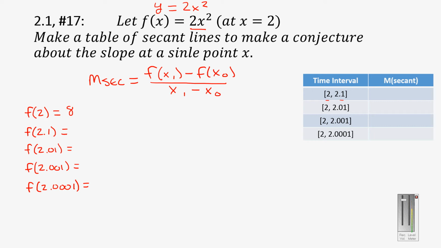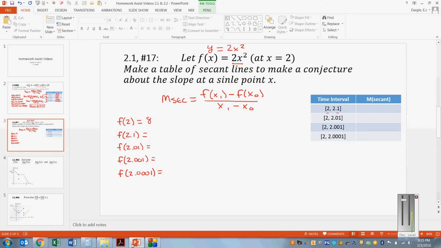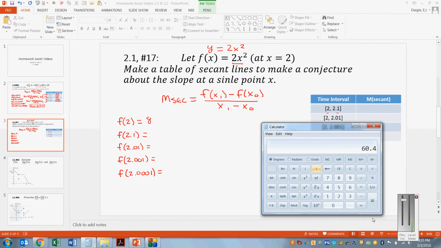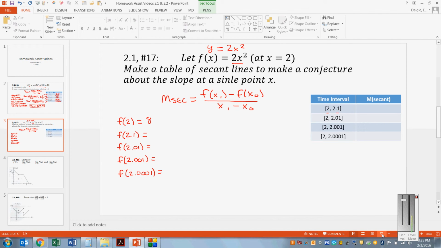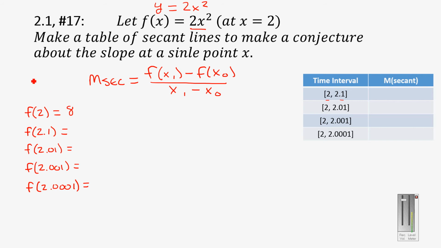f of 2.1, this is where I could go back and pull up my calculator here. And I could say, okay, well, f of 2.1, 2.1 squared times 2 equals 8.82. So I can come back in here now and I can write that down for 2.1. It's 8.82.